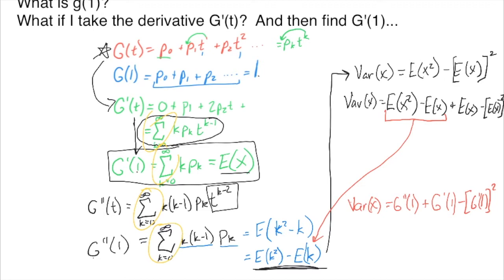So we're being able to avoid these summations now, because we're saying, if I can take the derivative of that and put a 1 into it so that I have certain values, then I should be able to use the PGF and only the PGF, because this is the derivative of the PGF and the second derivative of the PGF. I can use the PGF and its derivatives in order to calculate the variance of a distribution.